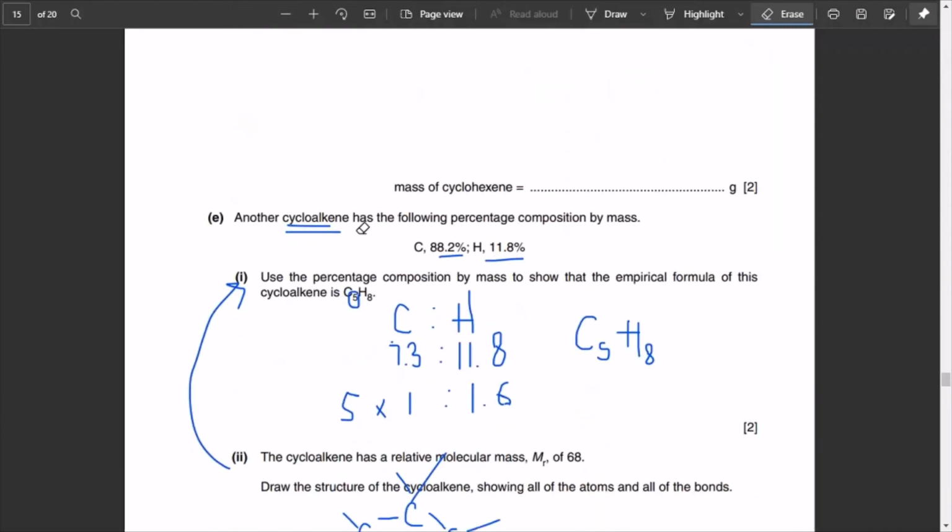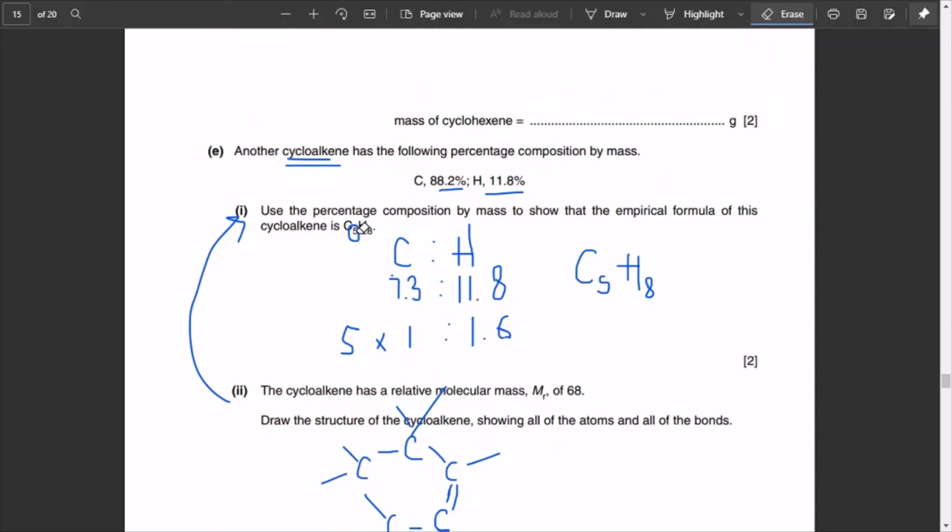Moving on to part E, another cycloalkene has the following percentage by composition mass. Over here, use the percentage composition by mass to show that the empirical formula of the cycloalkene is C5H8. Here we have carbon and hydrogen in this ratio, that is 7.3 and 11.8.